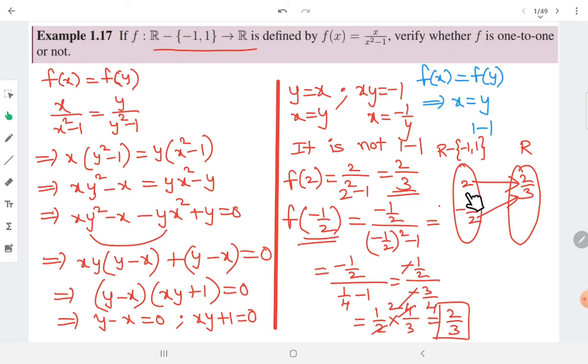Different elements should have different images, only then we say it is a one-to-one function. But here these two different elements have the same image 2/3. So clearly it is not a one-to-one function. Thank you, children.